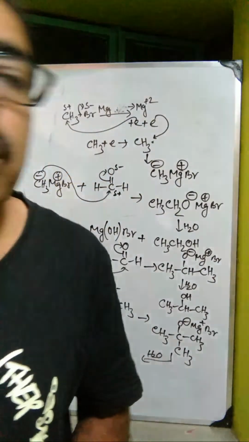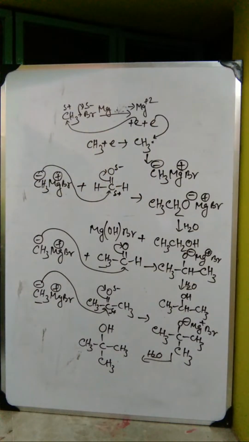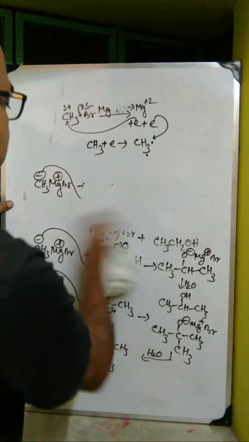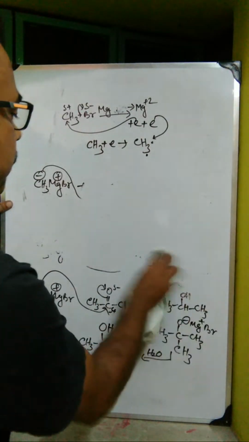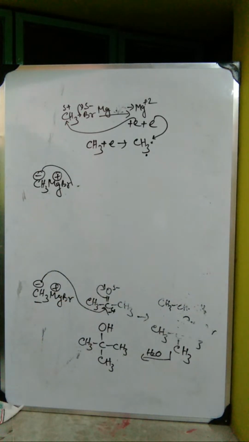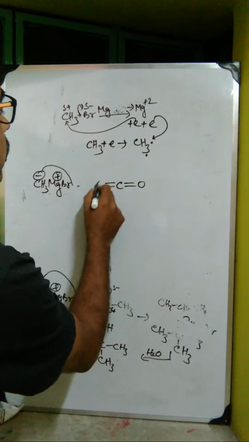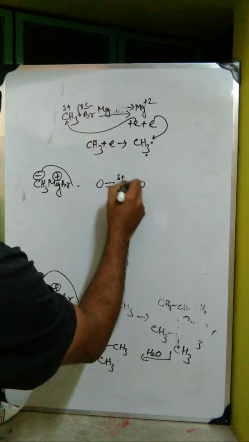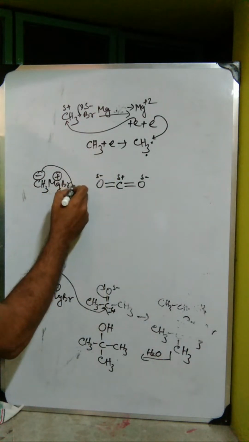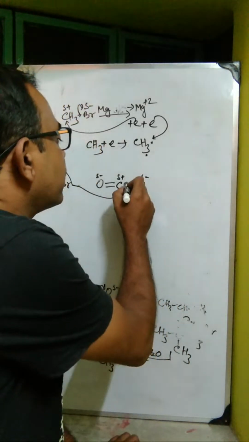Now what happens when Grignard reagent is treated with carbon dioxide? Carbon dioxide is O double bond C double bond O. This carbon is delta plus, and both oxygens are delta minus. When the CH3 group attacks this carbon, one of the pi bonds shifts towards an oxygen atom.